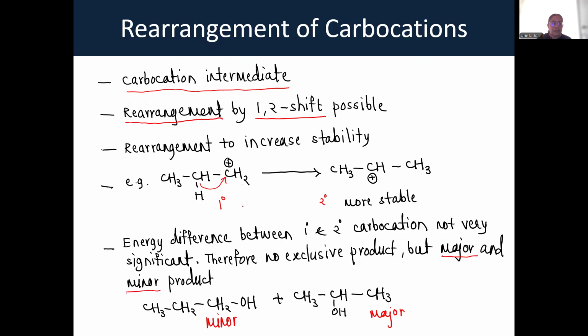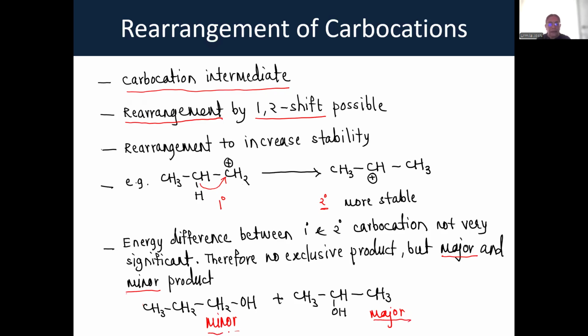In other words, the primary carbocation will form N-propanol, N-propyl alcohol as the minor product, and 2-propanol will be formed from secondary carbocation as the major product.